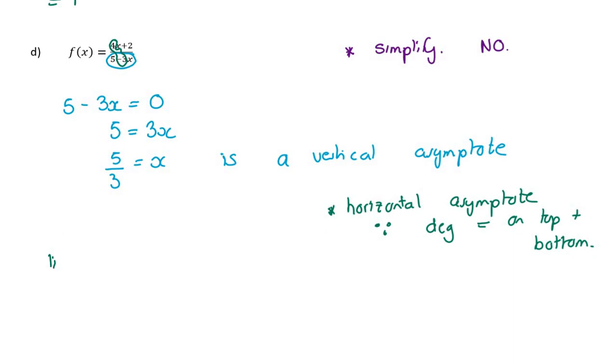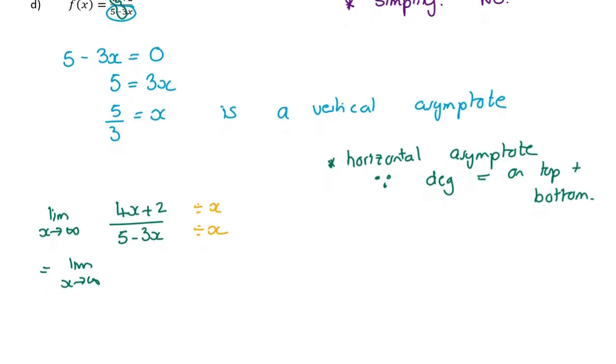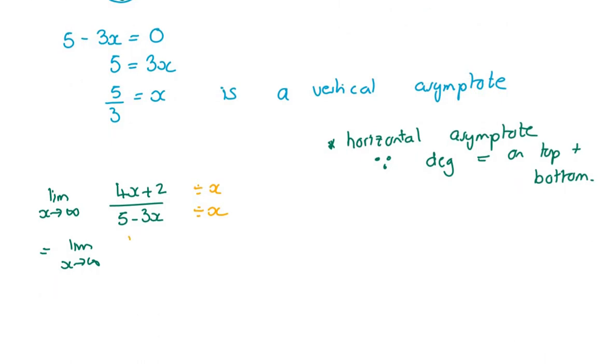But let's check. What is the limit as x tends to positive or negative infinity of 4x plus 2 over 5 minus 3x? Well, basically I divide by the highest exponent of x, which in this case is x. If I divide the top by x and I divide the bottom by x, I'm effectively dividing by 1, which is why I'm allowed to do this. So 4x over x becomes 4. 2 becomes 2 over x, which means it'll tend to 0. 5 over x will tend to 0, and this is minus 3.